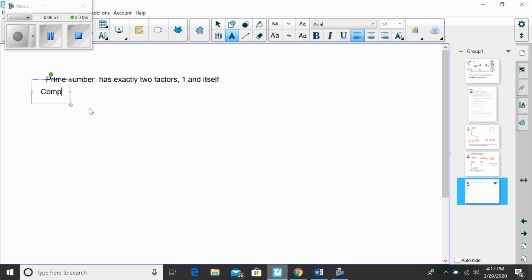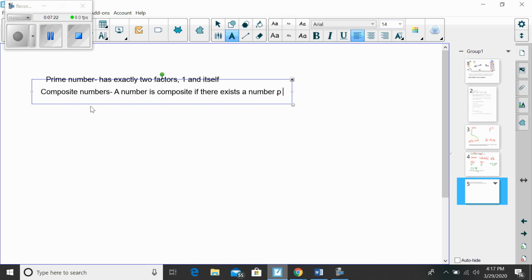All right, so composite numbers. I'm going to say this: a number is composite if there exists a number P. This is going to be a college level definition, okay?